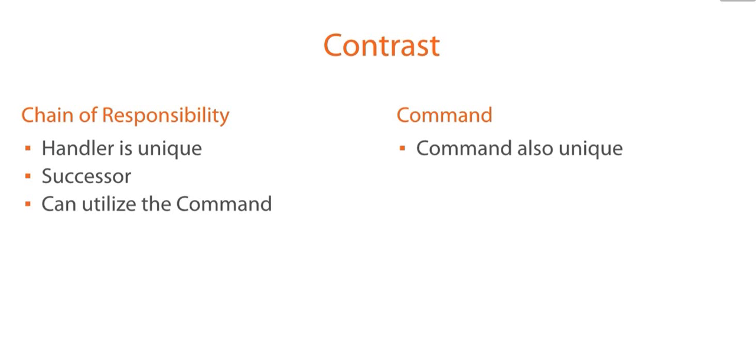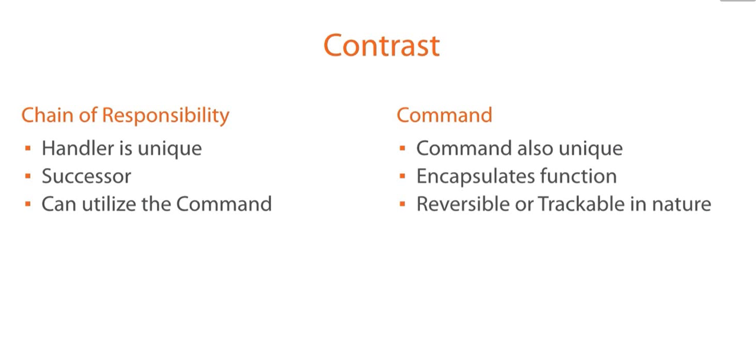The command pattern is actually quite similar to the chain of responsibility in that its commands are also unique, just like the handlers. It's different though in that it should encapsulate all of its functionality. It doesn't attempt to hand it off to somebody else if it doesn't know what to do with it. Commands are also reversible or trackable in nature.